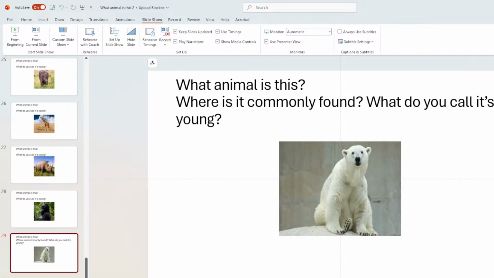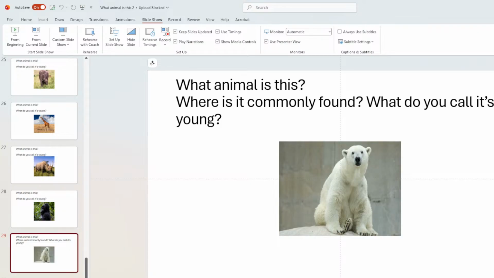Now, what do we call that animal? I think I've talked about it. There is one animal that I had mistaken for this one. I was saying, oh, I thought this one actually had all white fur.